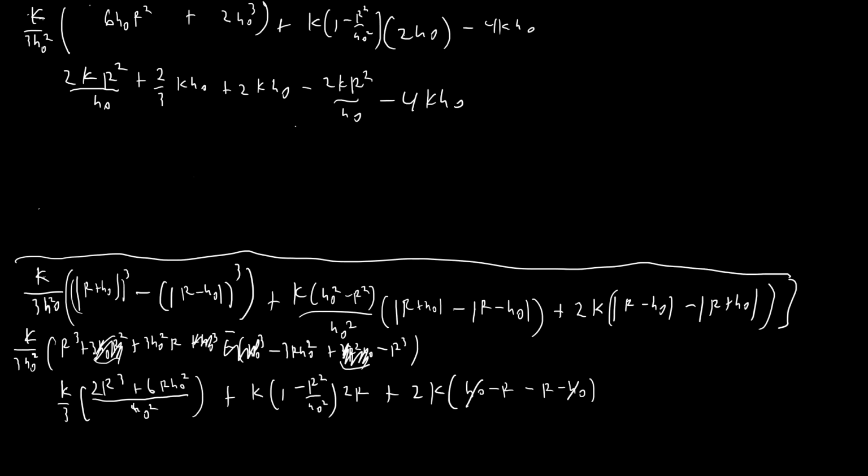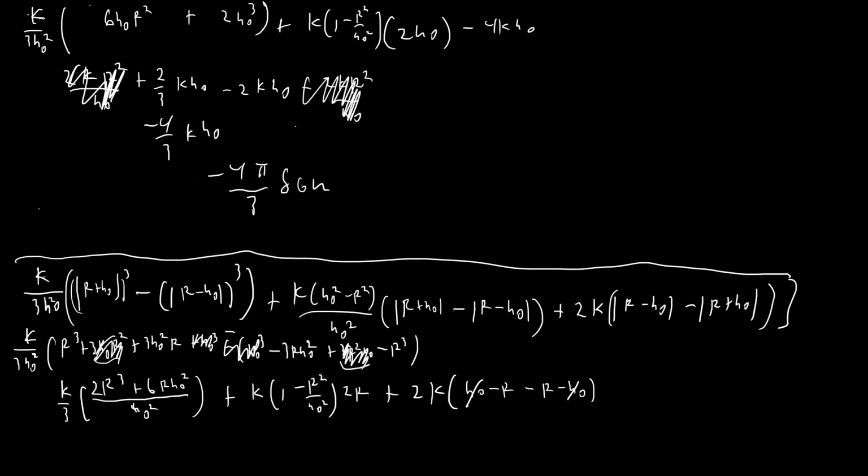So as you can see, this will cancel with this beautifully. And then this 2 and this 4 will just end up with a negative 2 right here. So I'll go ahead and write that, because 2 minus 4 is negative 2. And so overall, we're going to end up with negative 4/3 k h0, or negative 4 pi over 3 delta GM h0.